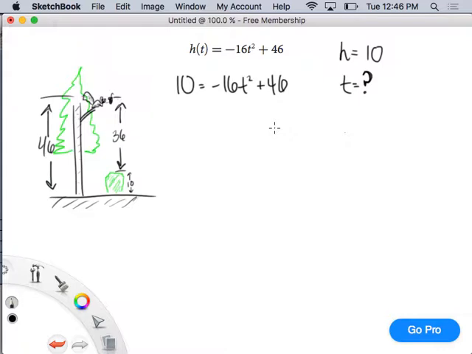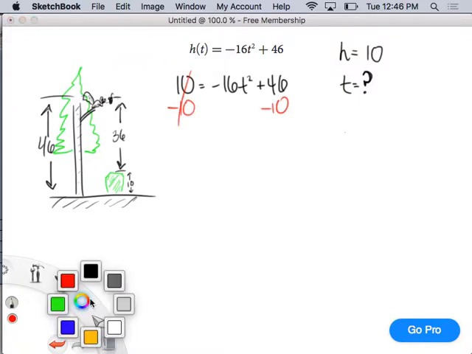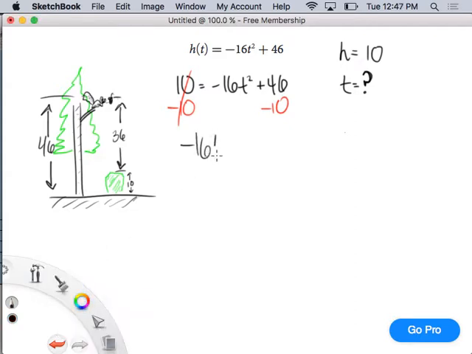Okay? What should my first step be? I've got it equals to 10. What should it be equal to? 0. So what should I do? Subtract 10 from both sides. And I end up with negative 16t squared plus 36 equals 0. Good. So there is my function, my equation.